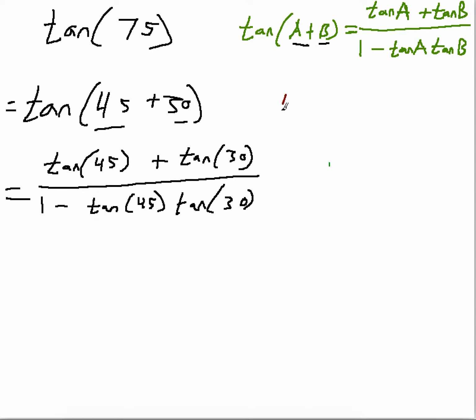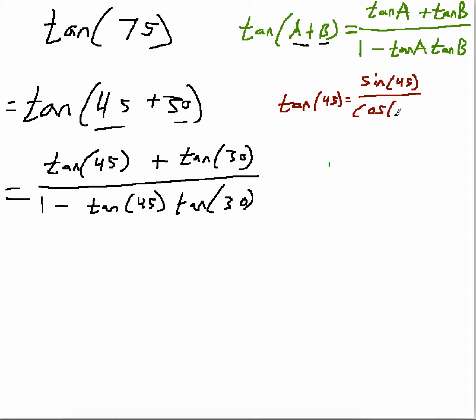But just keep in mind that tangent of 45, you can put that in terms of sine and cosine, because tangent is sine over cosine, right? Sine is the opposite over hypotenuse. Cosine is the adjacent over hypotenuse.